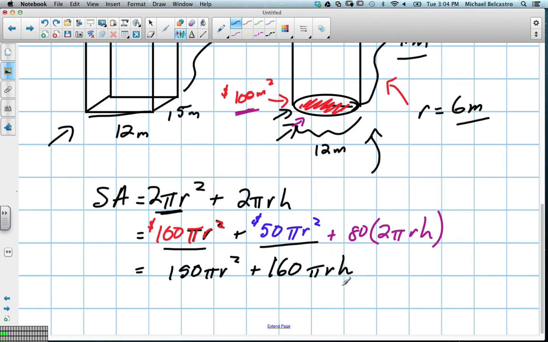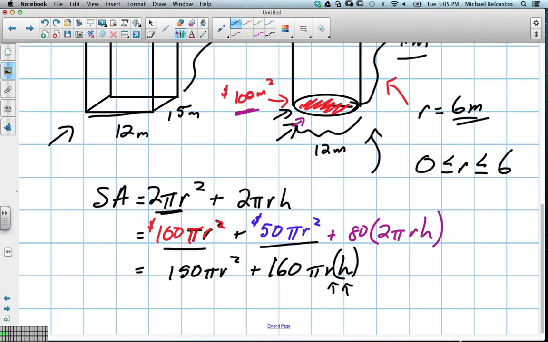And we're not going to be plugging in our value yet. We have a max restriction on our radius of 6. And what's the smallest the radius can be? 0, right? We're also going to see if there's any critical values between those. So we're going to derive this in terms of our r, which means we're going to have to get a value for h to plug in.